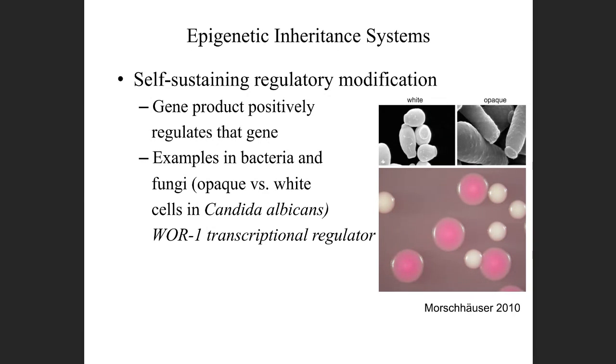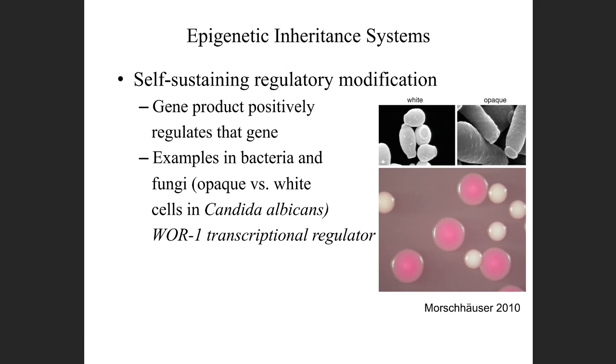In other words, opaque cells are less likely to be recognized by some host immune responses. And so it may also be adaptive to switch to the opaque form. Although I wasn't able to find out what the costs of being opaque are. It's probably that they replicate and divide much more slowly.